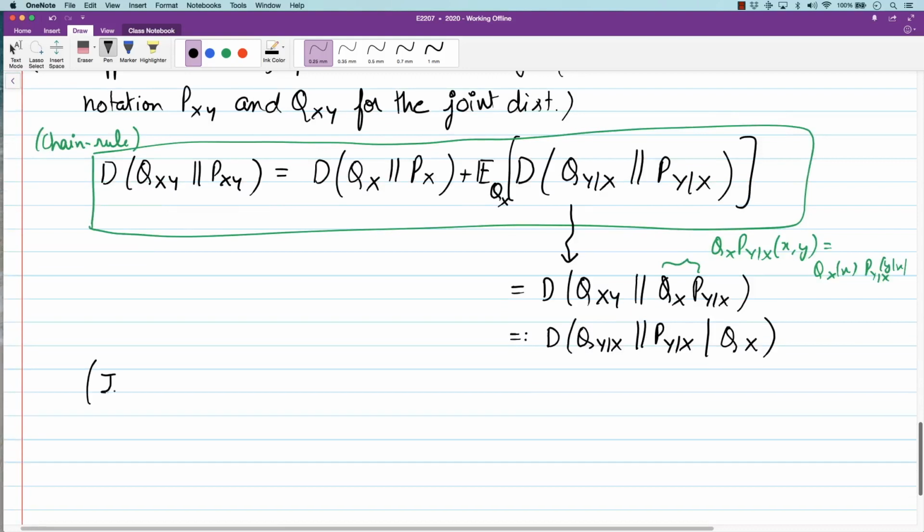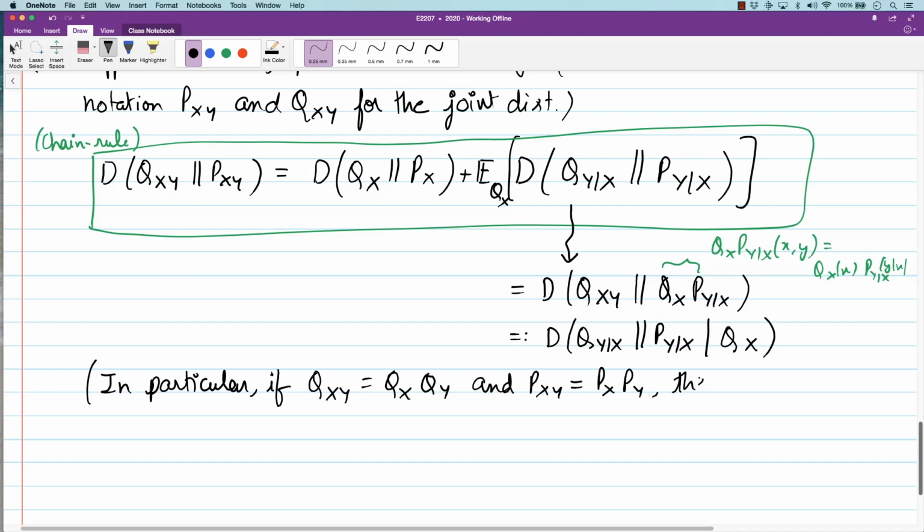And an important consequence: in particular, if Q_XY equals Q_X Q_Y, so it's a product measure, they're independent, and P_XY equals P_X P_Y, then divergence is just additive.